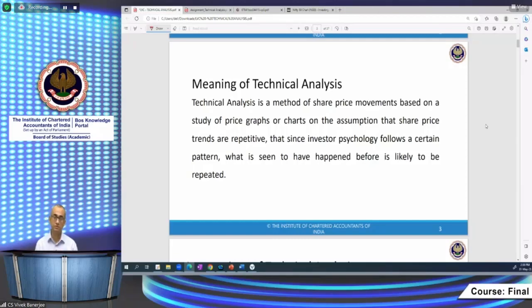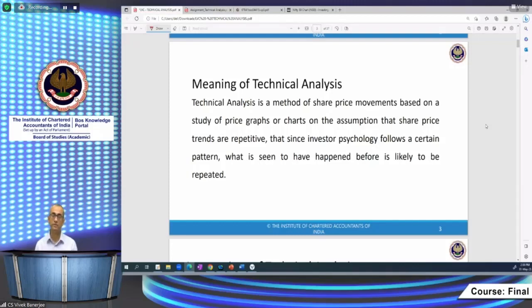So what I have just explained in the example is that it is based upon price movements, and price movements are judged on the basis of graphs and charts, on the assumption that the trends are repetitive. All this we will see in our subsequent slides, and we will go deeper into it to understand the basic concept of technical analysis.